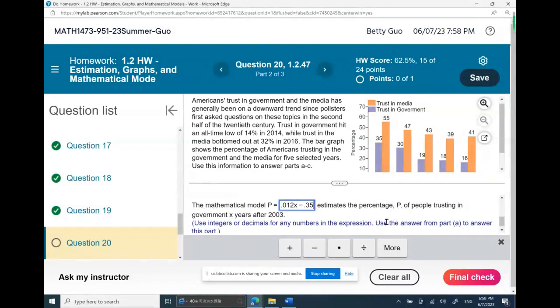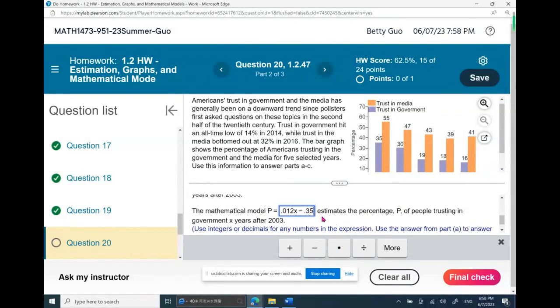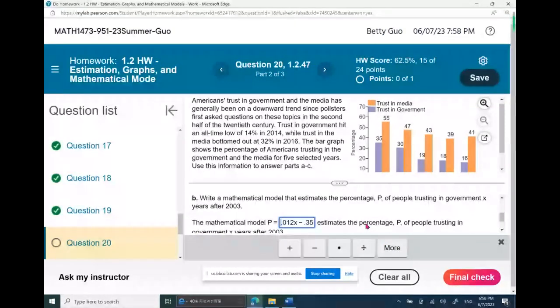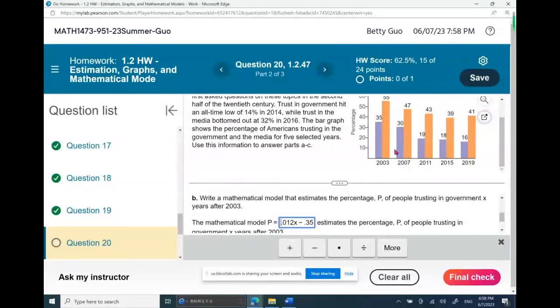Percentage P of people trusting government X years after, times x, when x equals 0 is 2003.